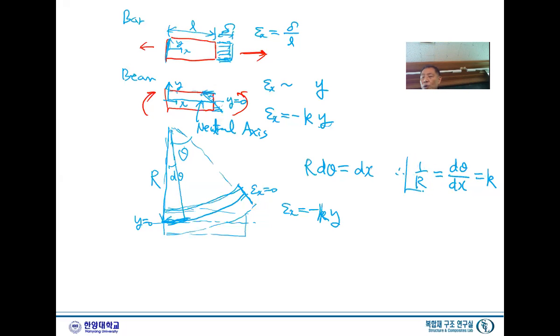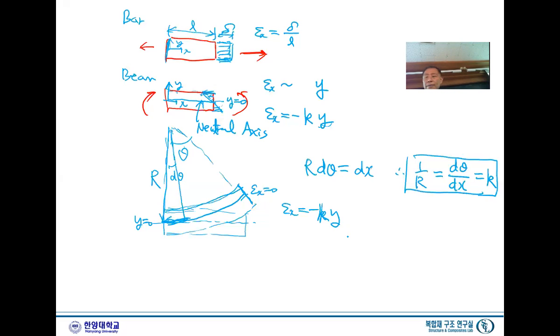So 1 over R, or curvature, or d theta over dx, they all have the same physical meaning. Okay? Please remember, I like to explain in a very simple way. I think this is the simplest way.